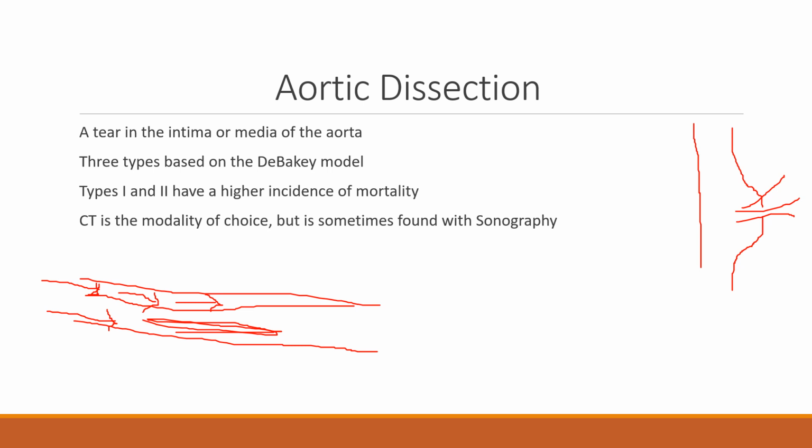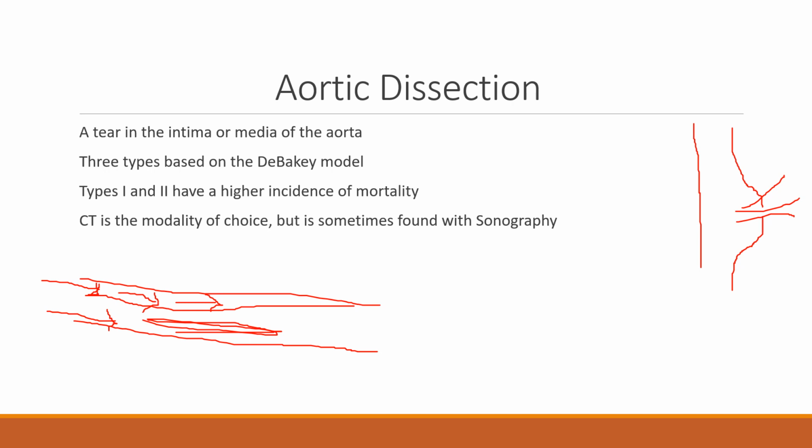Types 1 and 2 are going to involve the ascending aorta and the aortic arch, which is why they have a higher incidence of mortality. They tend to happen higher up on the aorta. And then type 3 involves the descending aorta at the level inferior to the left subclavian artery.